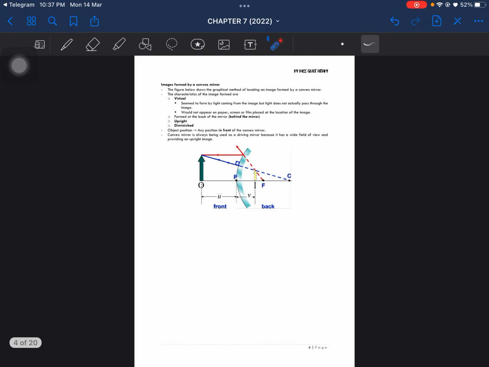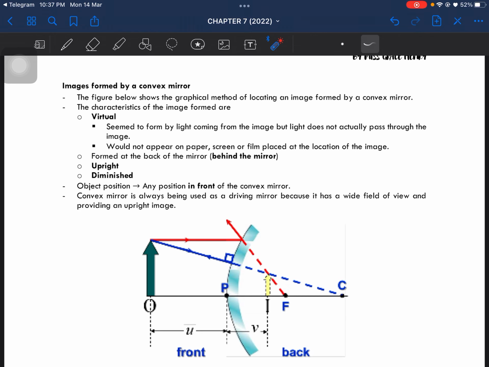Now, images formed by a convex mirror. For a convex mirror, the characteristics of the image are only this here. The one with many characteristics is the concave mirror.